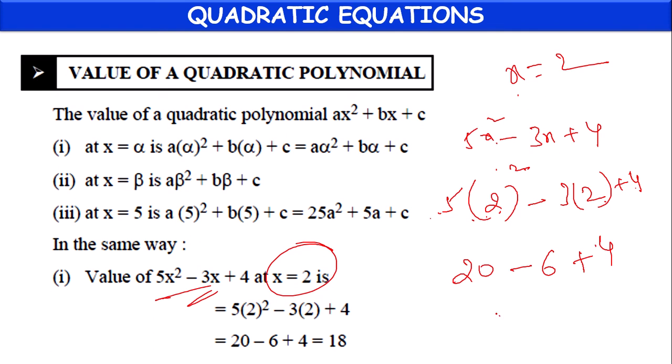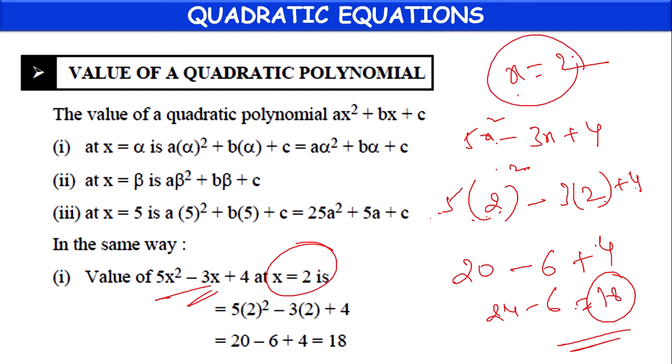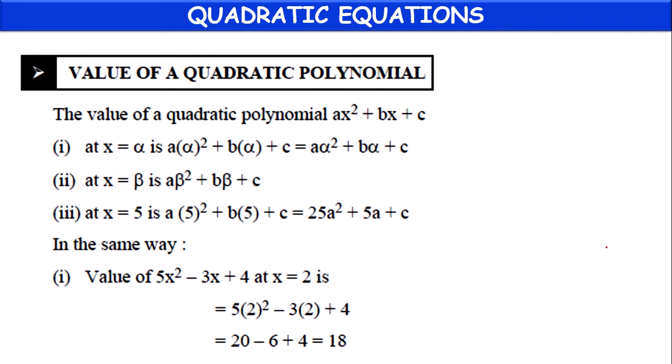So 20 plus 4 is 24, minus 6 equals 18. Like that, when x equal to 2, the value of the quadratic polynomial is 18. Like that we can find the value of a quadratic polynomial when the variable value is given. That is one concept.